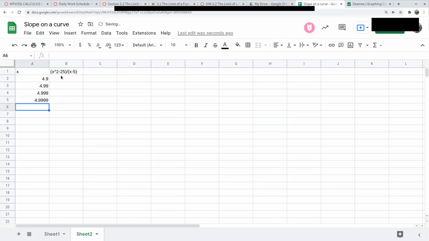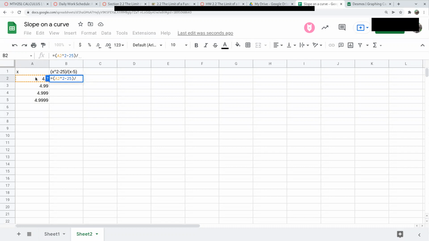Now it's just a matter of typing this where I tell the calculator that X is right next to me. The difference is I have to start off with an equal sign because I'm doing a calculation. Otherwise, I just type it pretty much the same way. Parentheses for the numerator. There's the X value I want. Square it, and then subtract 25. Close the numerator.